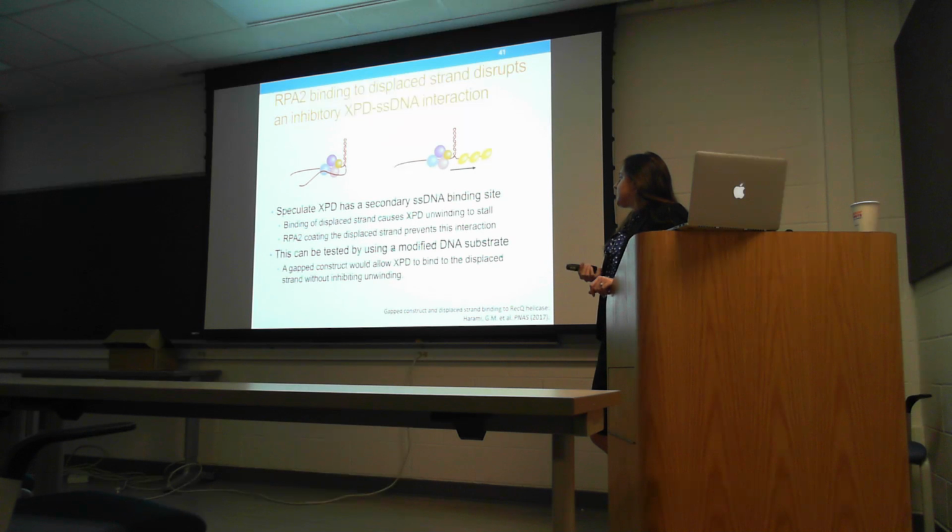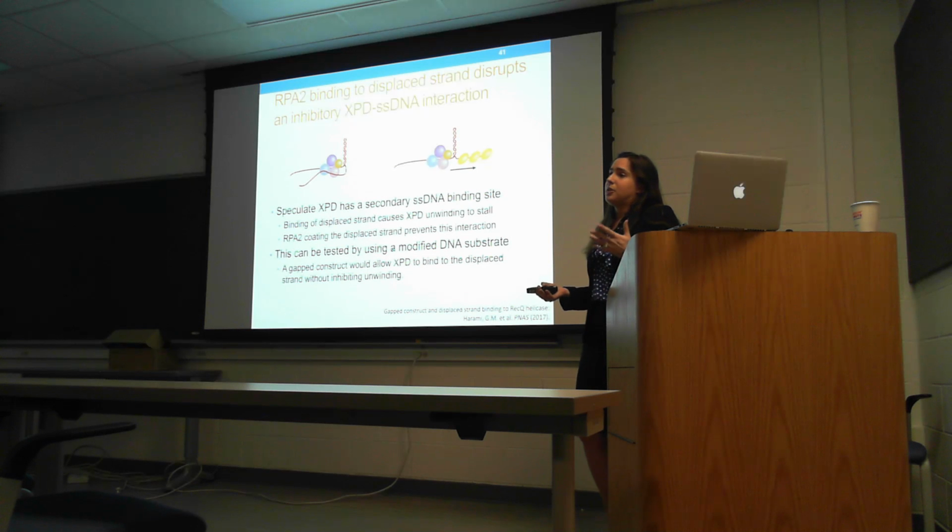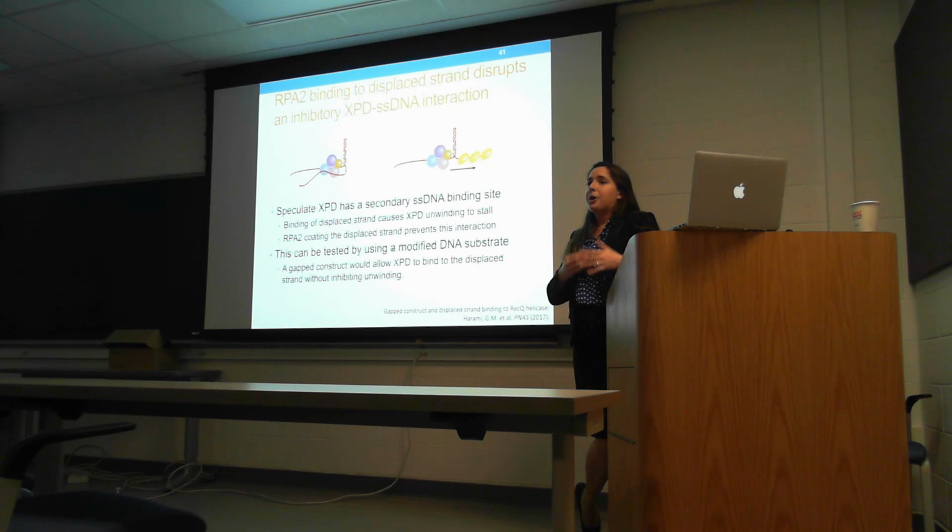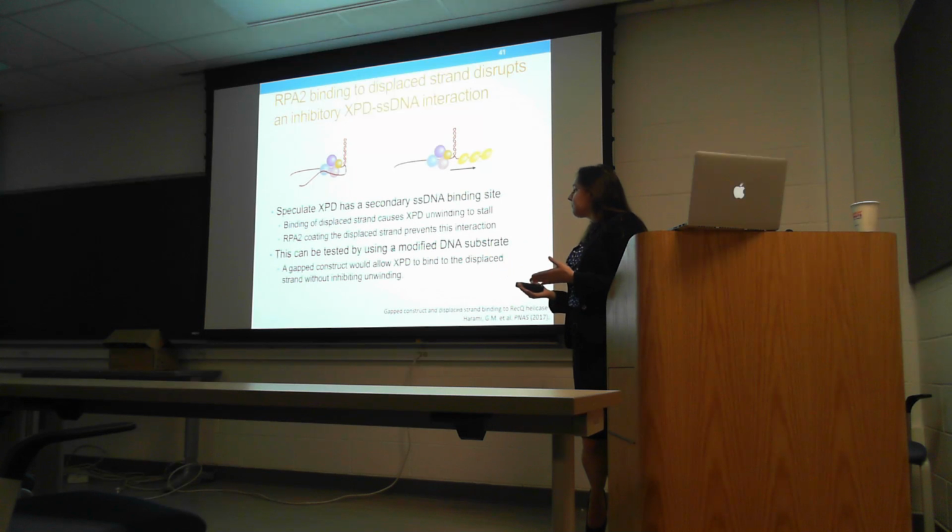So this can be tested using a modified DNA substrate. That was done with RecQ helicase, and another group had a similar hairpin assay and found that displaced strand binding was preventing RecQ from unwinding processively, causing long stalling behavior.